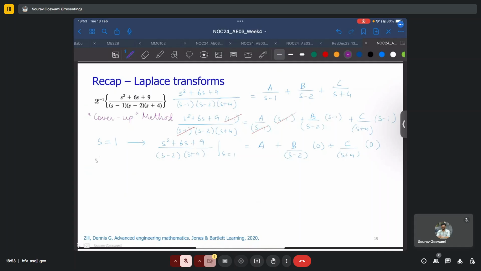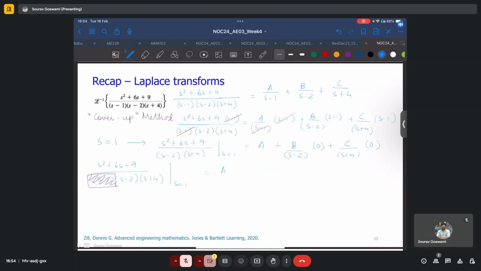What this is like is your original function. I want to find the first coefficient, so I hide or cover up this first factor and evaluate this function at the first zero.